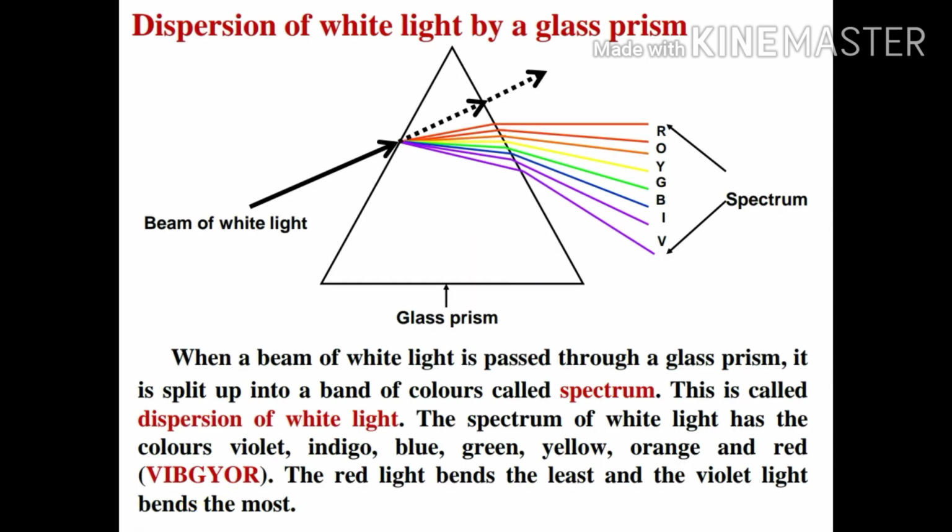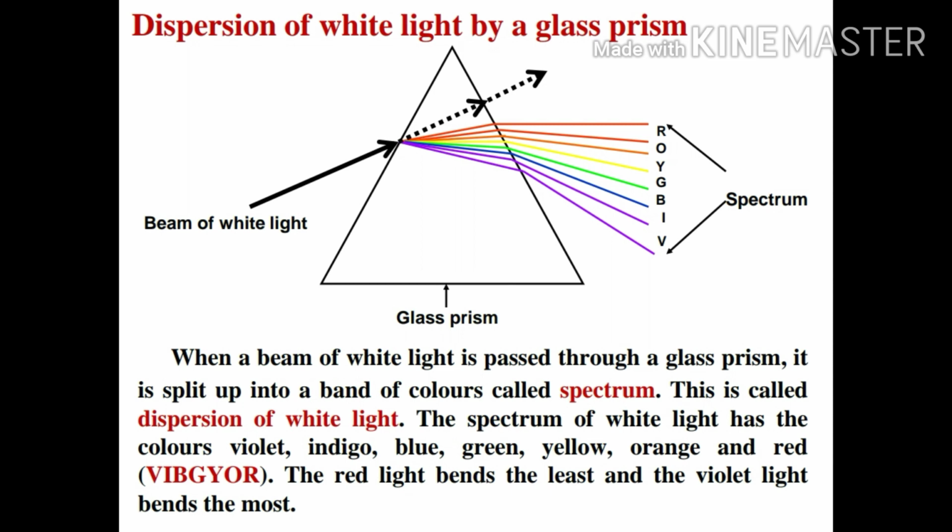So this is dispersion of white light by a glass prism. This is a beam of white light. When it falls on the surface of this glass prism, it gets split into its component colors. Why it happens, we will discuss.